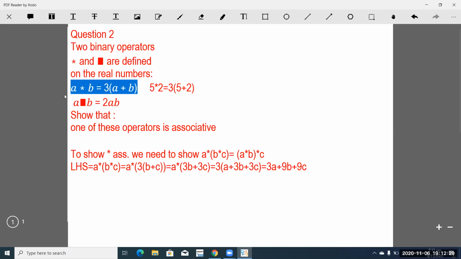So what binary operation means is that some first number is connected to the second number by this equation, 3 times A plus B. So anytime I'm given two other numbers, maybe 5 star 2, it's just going to be 3 times 5 plus 2. If I'm given 10 star x, what's 10 star x?